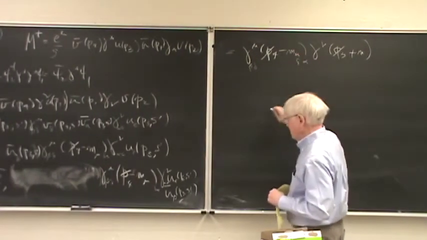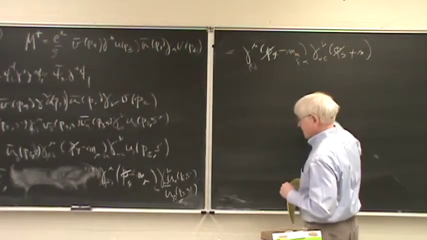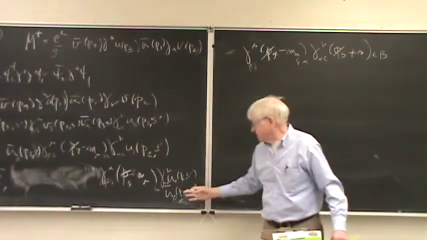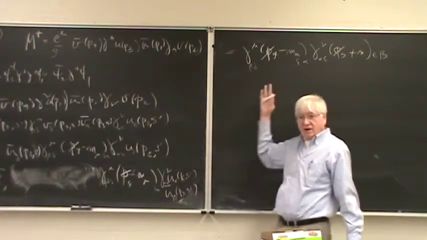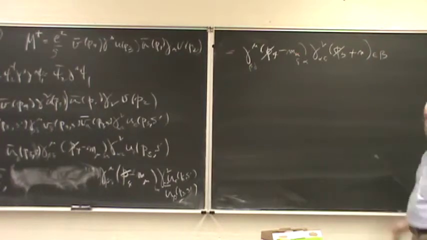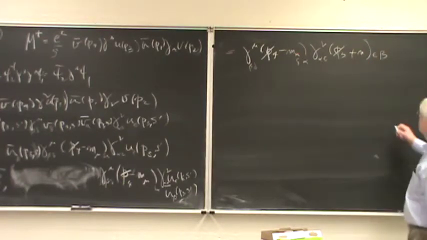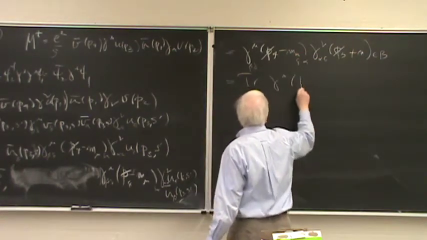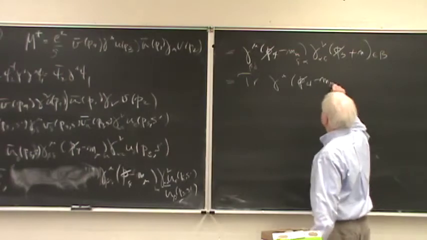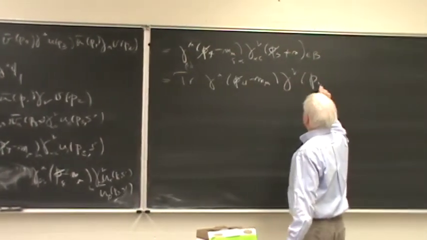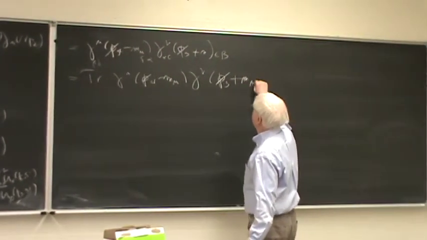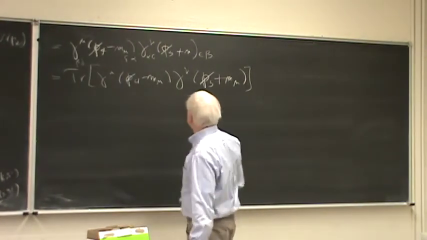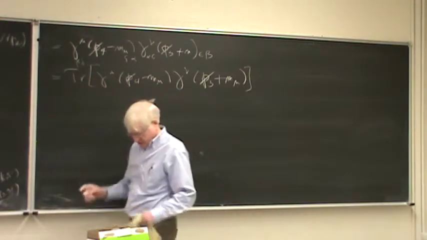When you take the sum over S prime of U bar and replace it with P3 slash plus M, this thing is actually just the trace of gamma mu P4 slash minus mu gamma nu P3 slash plus mu. And of course the trace is cyclic, so you could take this one and put it there if you want.